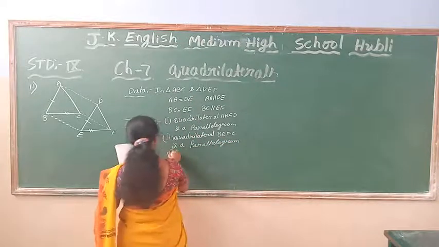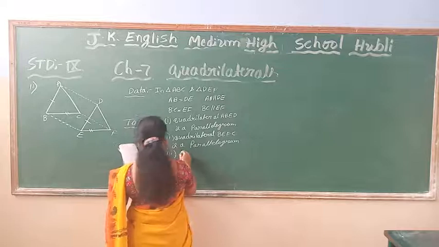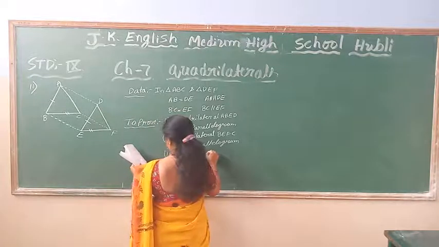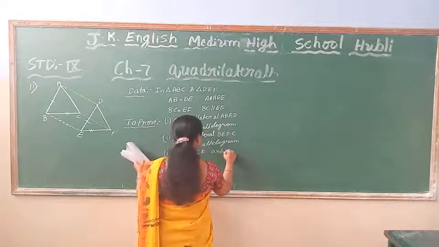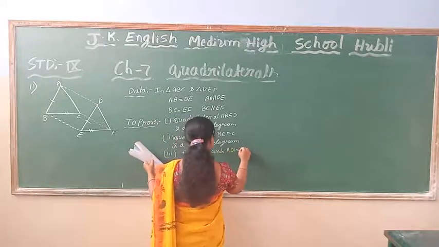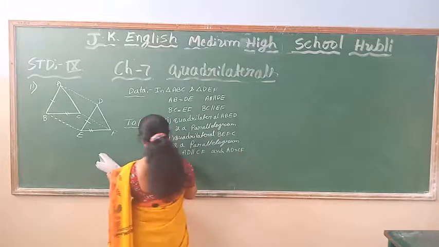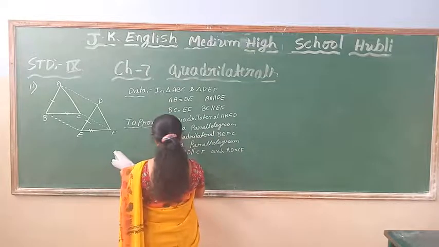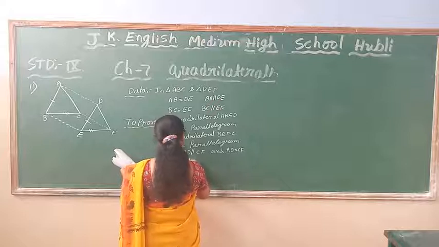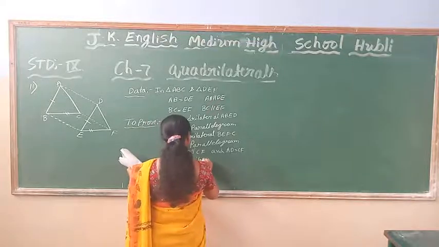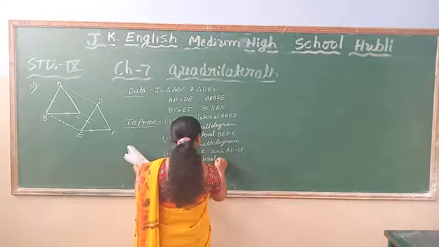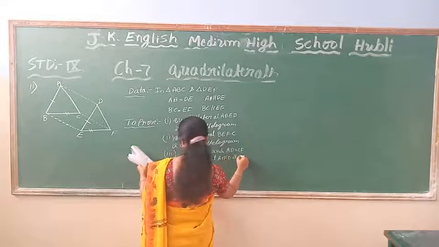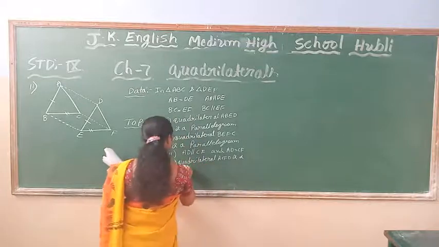And third one, we have to prove AD is parallel to CF and AD is equal to CF. Then fourth one, quadrilateral ACFD is a parallelogram.